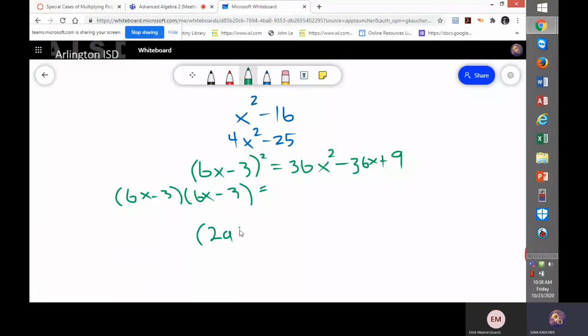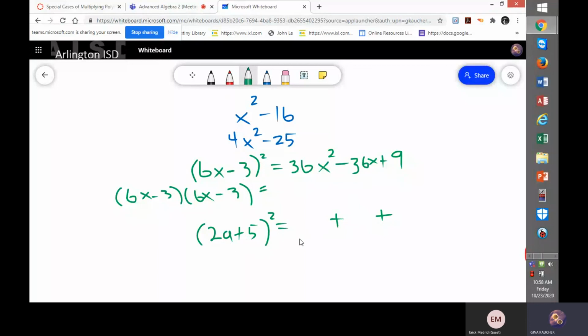2a plus 5 squared. Anyone want to tell me what you get using the pattern? Anyone know? Eric, do you know? Okay, well, first of all, if you have a minus sign here, you get minus plus. If you have a plus sign here, what signs do you get? Plus, plus. Okay, so square the 2a. What's 2a squared?